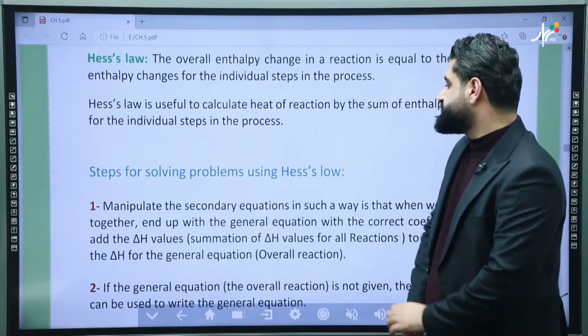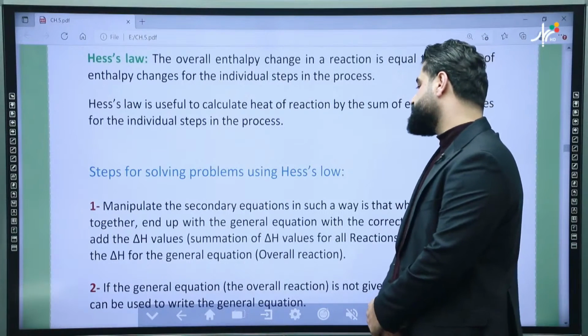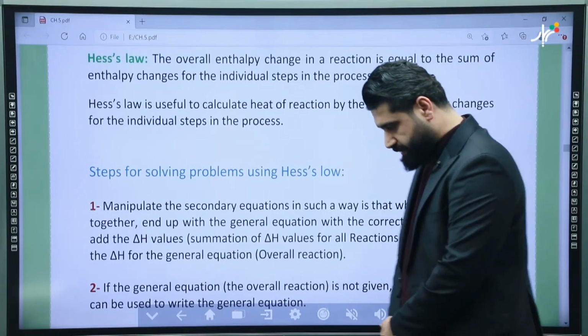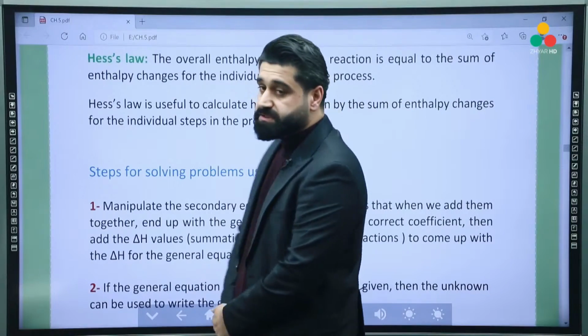How to solve questions according to Hess's law? Remember, how do you recognize Hess's law?